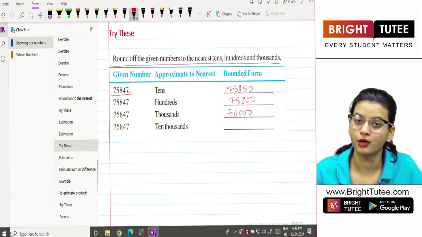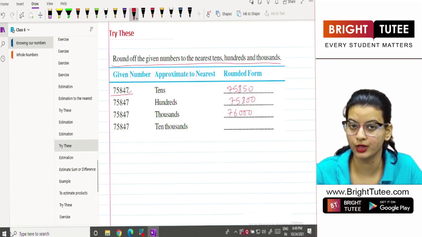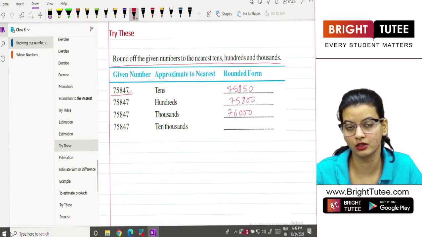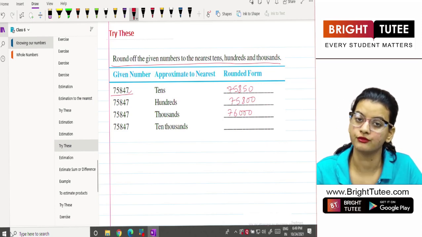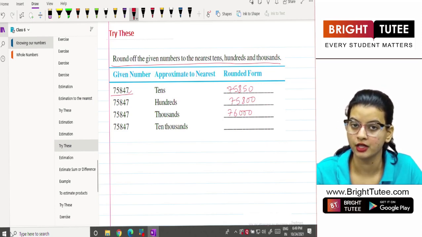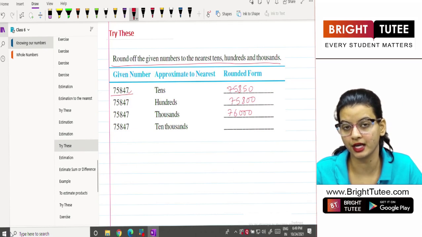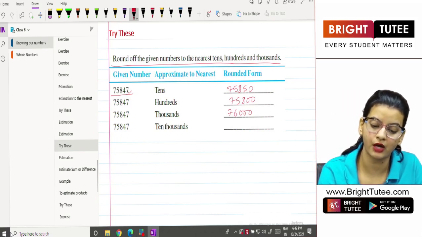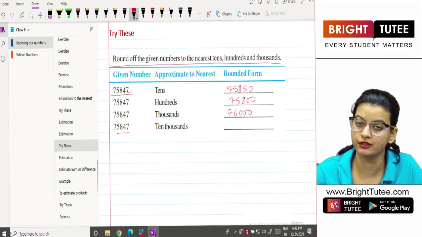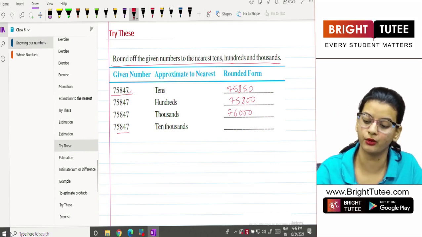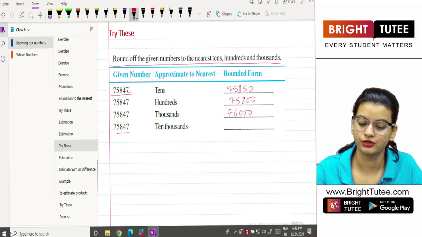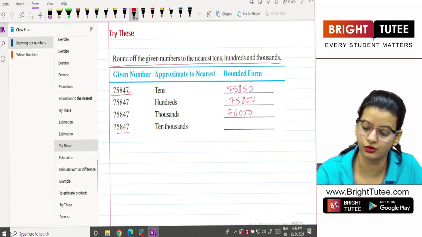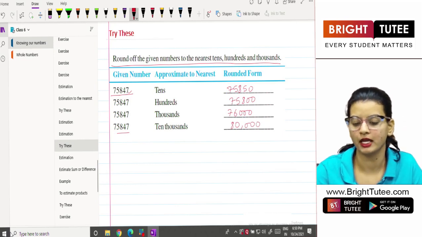That is, from 1 to 4,999 we round it off to 0, and from 5,001 to 9,999 we round it off to 10,000. So this is 5,847, which is greater than 5,001. So we are going to round this off to the nearest 10,000, that is to 80,000.